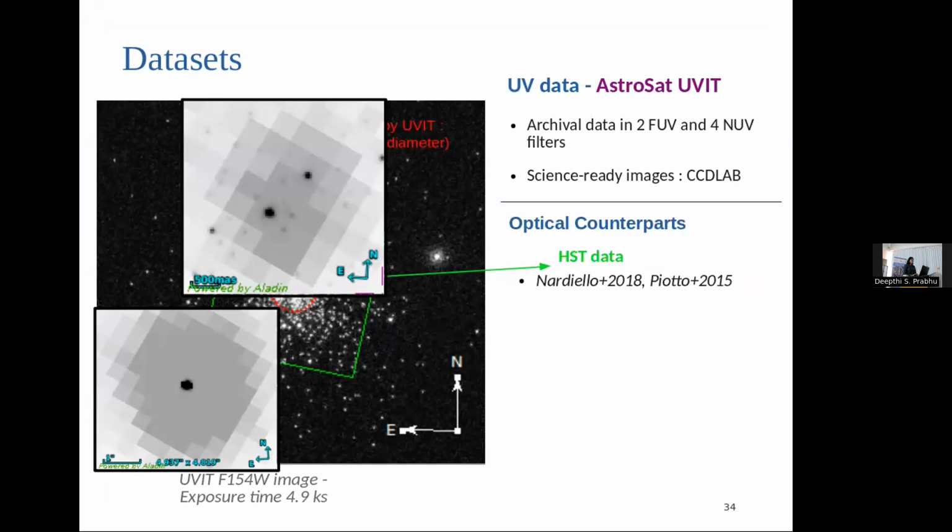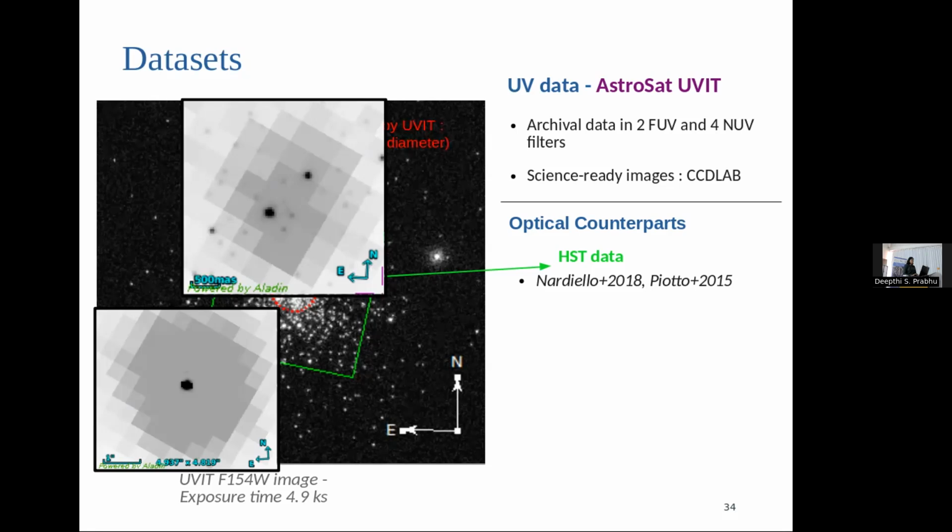I'm carrying out photometry only on the UV images, the UVIT images, and the data set I'm using from HST and Gaia is already produced, so I'm using the catalog basically and the images. But you do need to cross-match. So here you can see the UVIT data actually covers 2 HST sources.